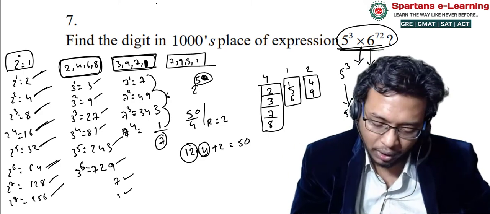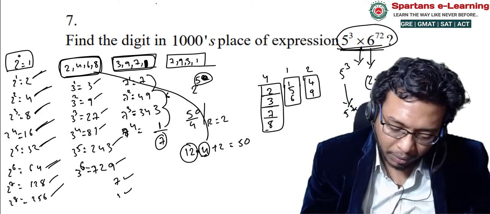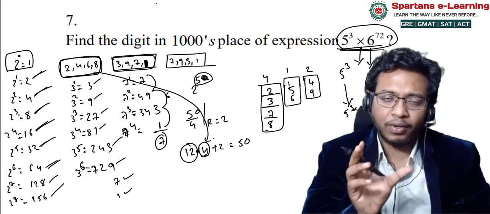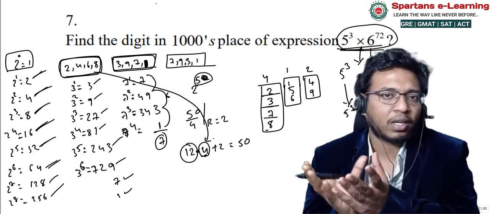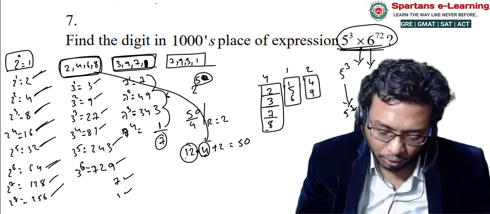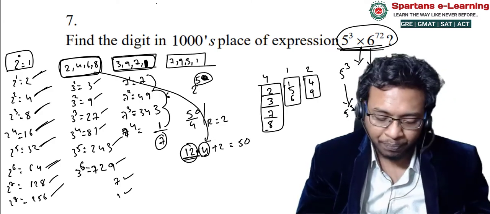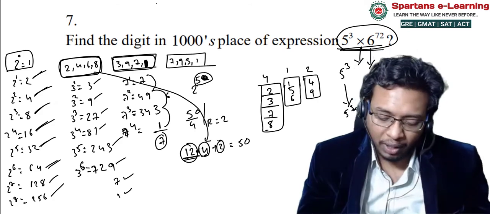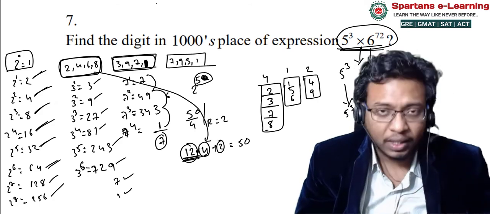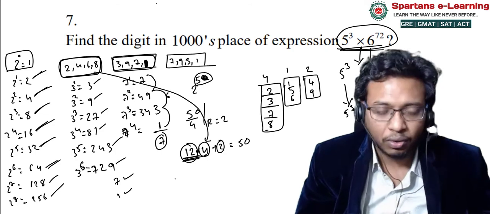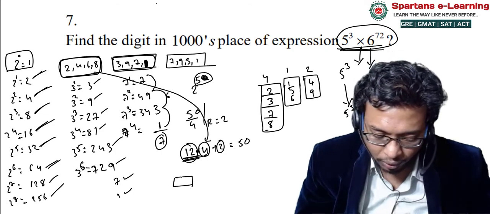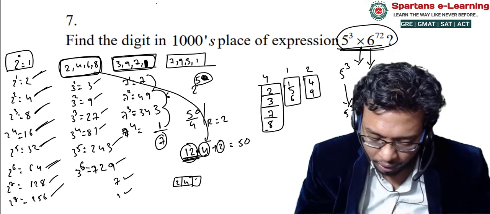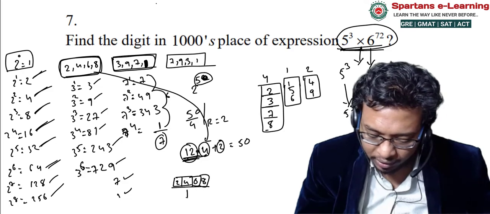What is this 4 here? This 4 is nothing but this complete set, right? So if we have sets of 4s, how many sets of 4s are there? 12 are there. So you need not bother about this, right? Now this is the remainder, 2 is the remainder. Imagine this is written as 12 into 4. So your 2 power 50 will be something like this, 4 sets, okay? This will be 2 4 6 8, like this. This is one set.